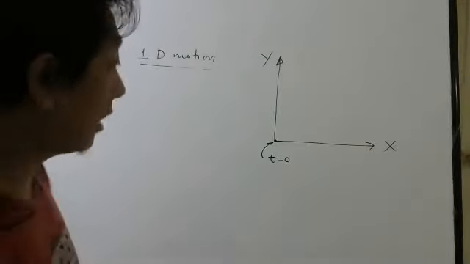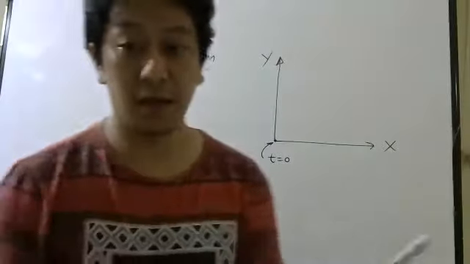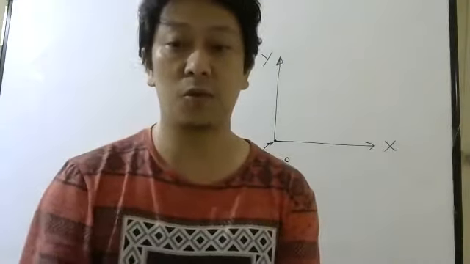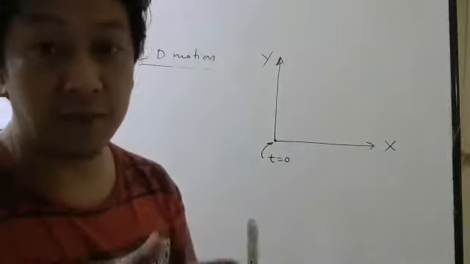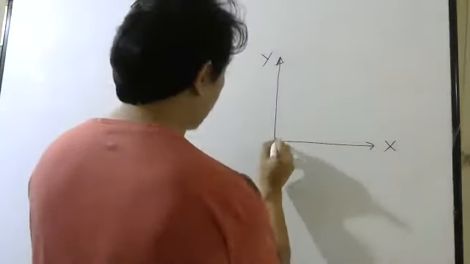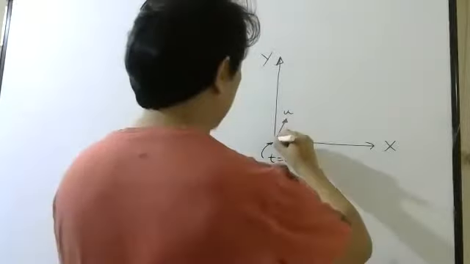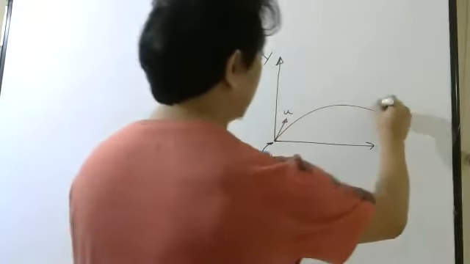But now it can move in what plane? XY plane. Like a pen when you throw it, it goes like this. It is moving in a plane, remember. It is not moving in a straight line. So let us say you have thrown the body with some initial velocity u and it goes in some path like this. This is the path.